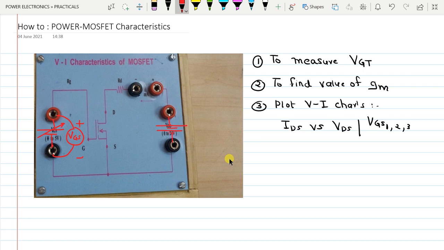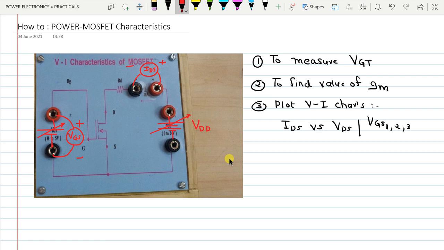Here we have our variable DC power supply. Similarly, we have another DC power supply here. This is variable, and ideally this is called VDD. We have one meter connected here, which is a DC ammeter, which will measure IDS.